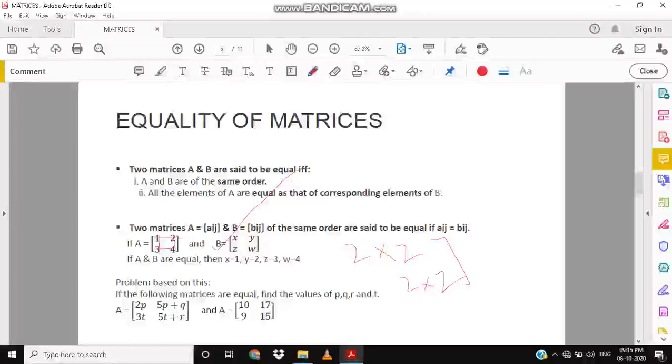So these are the two conditions. Now in this part, two matrices A and B of the same order, where Aij are the elements inside A and Bij are the elements inside B, are said to be equal if Aij equals Bij.